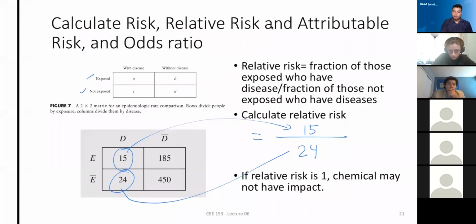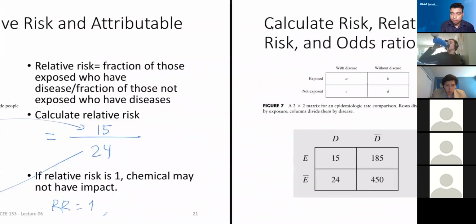A relative risk of one means the chemical may not have any impact. Whether you expose or not expose them, it has the same effect. That means the probability of causing disease has nothing to do with the chemical, because you have equal probability of causing cancer or not. So this is relative risk.